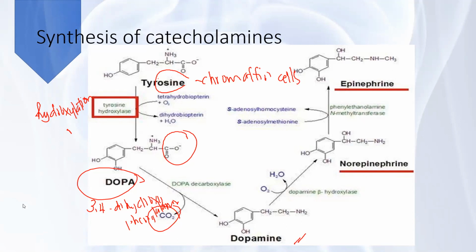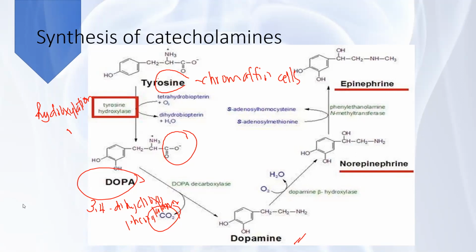Now, this norepinephrine will be converted into epinephrine through the help of the enzyme phenylethanolamine N-methyltransferase, the transfer of a methyl group.